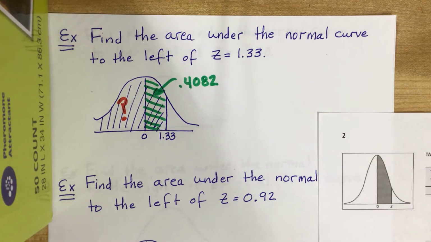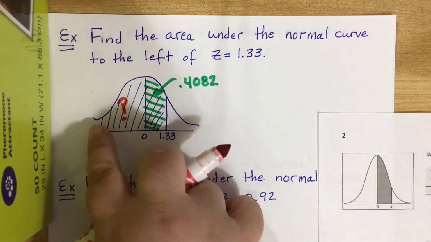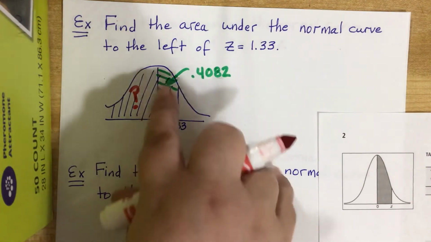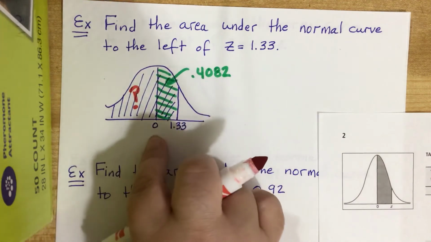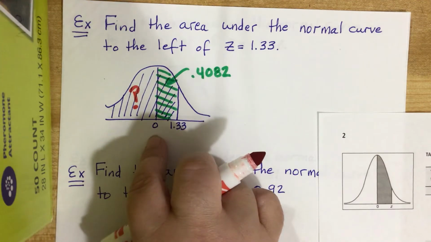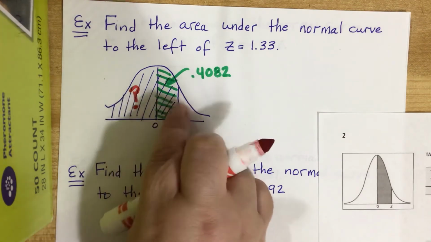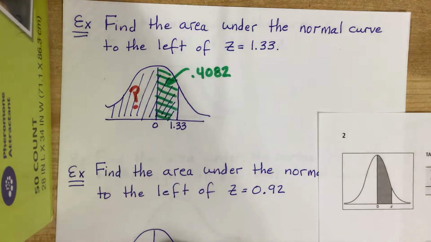Okay, but let's think about what this curve tells me. It tells me that the total area under this curve is 1. And we know that the line in the middle at 0 cuts it in half. So each part to the left and to the right of 0 is 0.5 because half of 1 is 0.5.